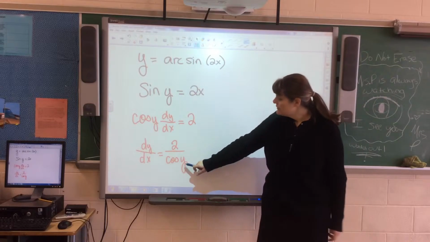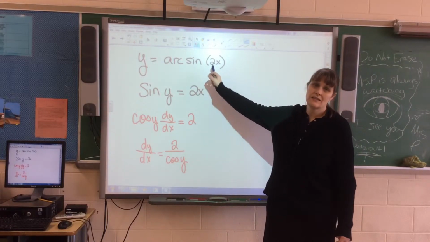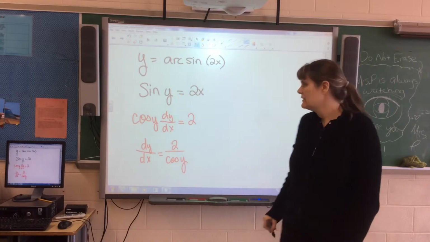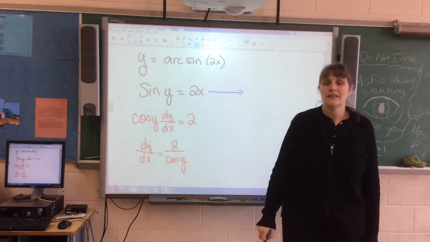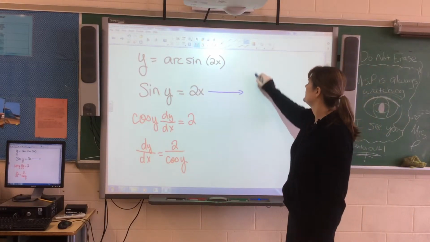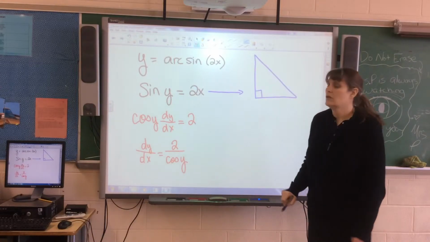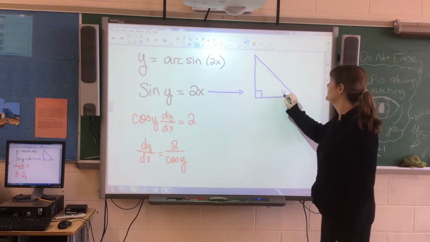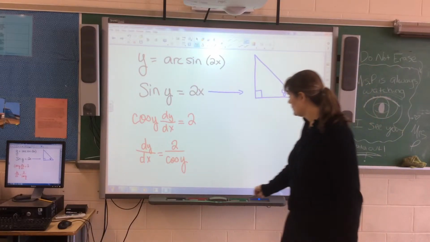So, my answer is in terms of y, but we started in terms of x. So I want to make sure I go back. We can do that at this step if we draw a right triangle. Use a little Pythagoras. So my angle is y. Sine, remember, is opposite over hypotenuse.